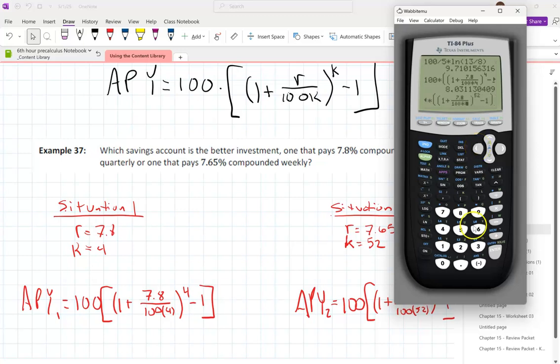So the first one is 8.03%. It's a pretty nice savings account. And the other one is 9.44.